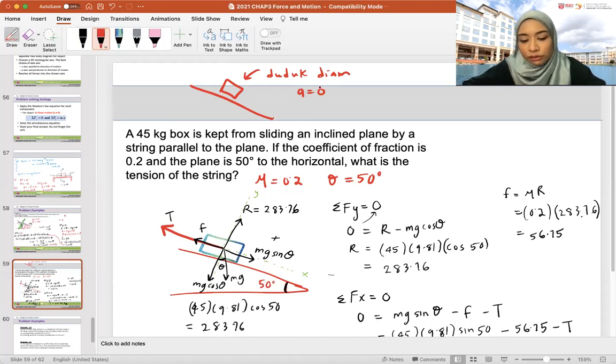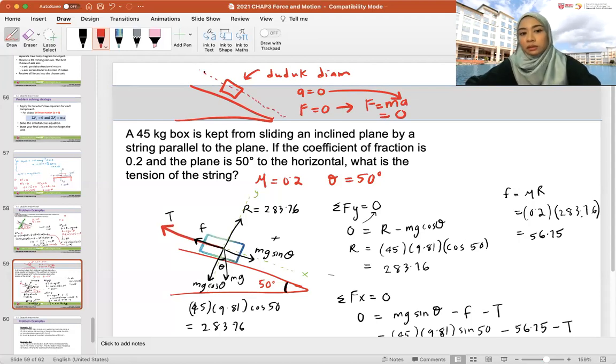Okay, is everyone following me so far? Dia duduk diam maksudnya acceleration kena kosong kan? Sebab dia tak bergerak. So bila acceleration equals to 0, your F is also equal to 0 because F is equal to ma. And if your a is equal to 0, your F is also equal to 0. We are specifically talking about dia tak bergerak menggelongsor.